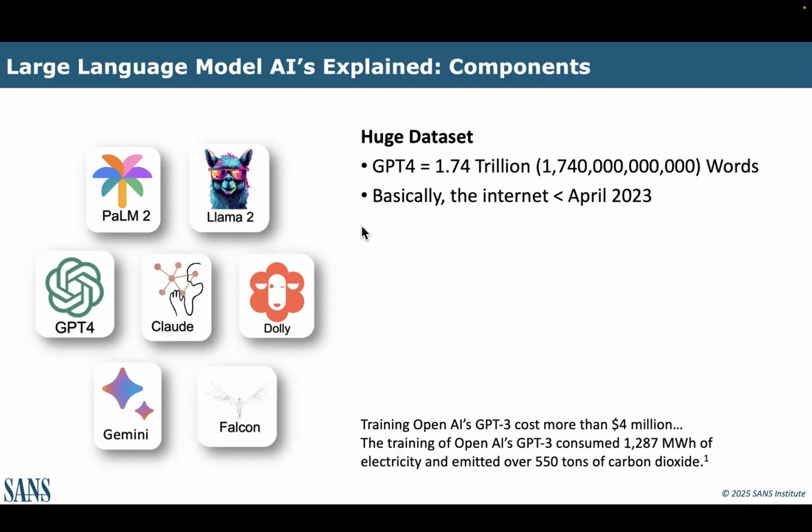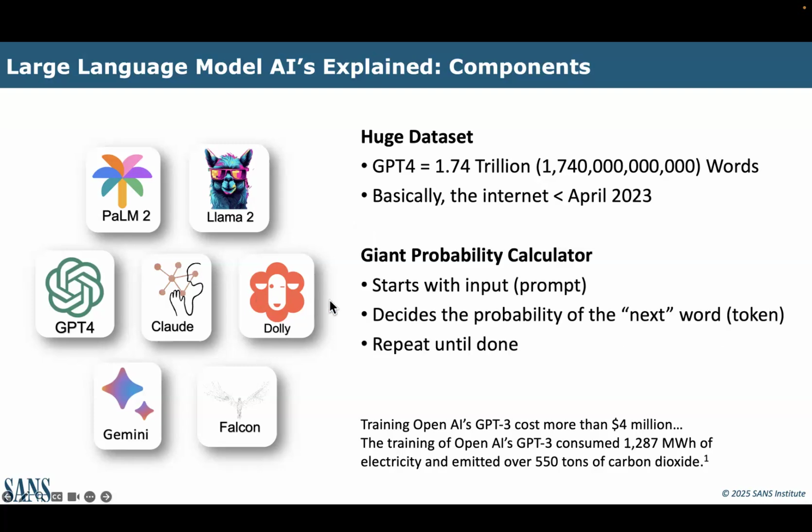Okay, so the other half of what makes up an LLM is a giant probability calculator. And I mean that fairly literally, a probability calculator. In fact, the way LLMs work is they play this sort of computational game of fill in the blank.